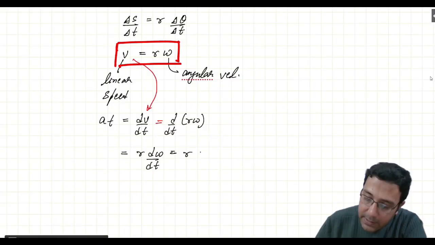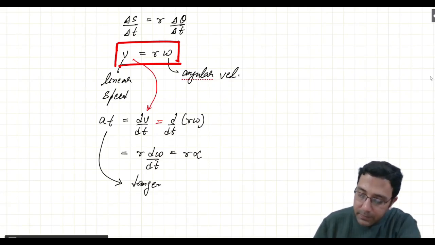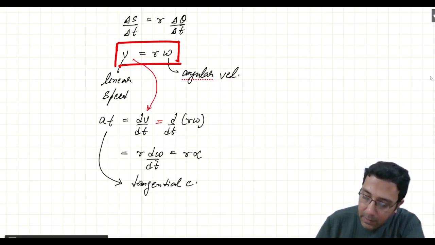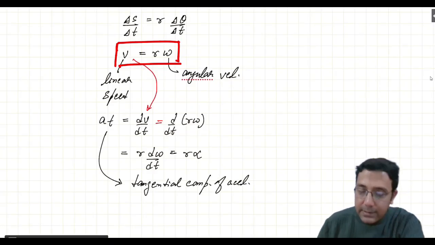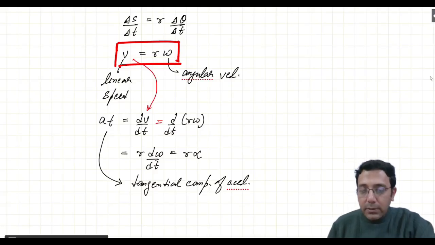So it can be written as R alpha. This is my tangential component of acceleration.